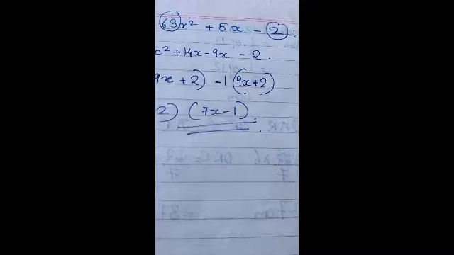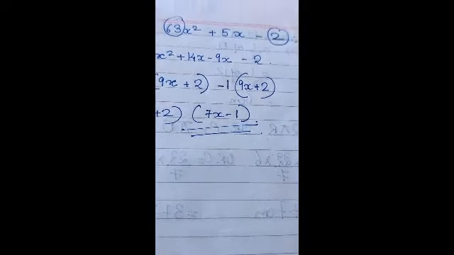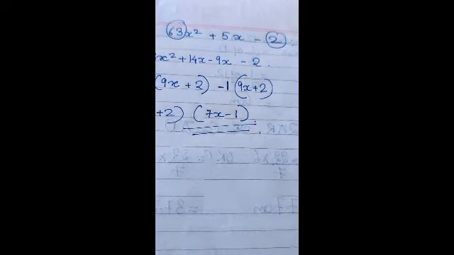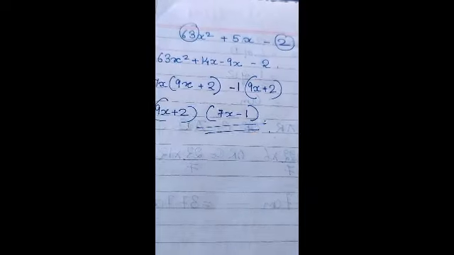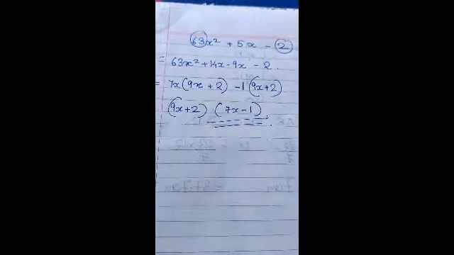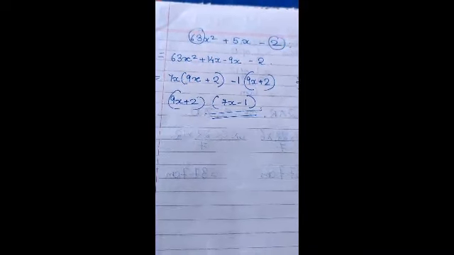So if we put minus 1 outside the bracket, we get minus 1 into 9x as minus 9x, and minus 1 into plus 2 as minus 2. So it fulfills our requirement. So our two factors are 9x plus 2 and 7x minus 1.